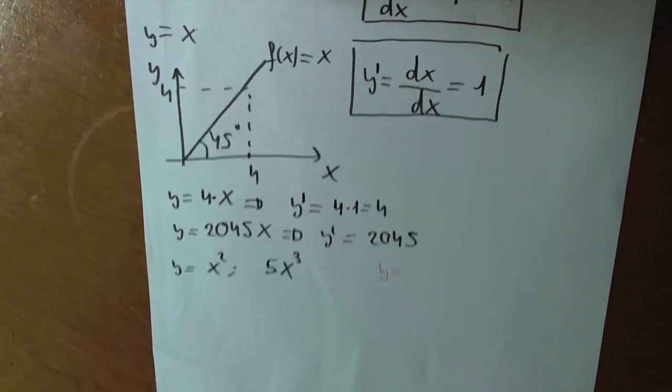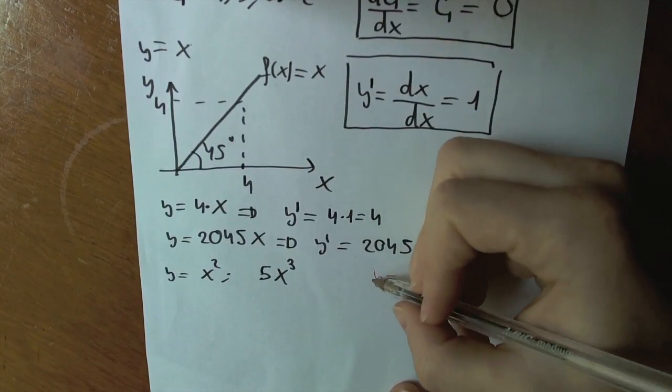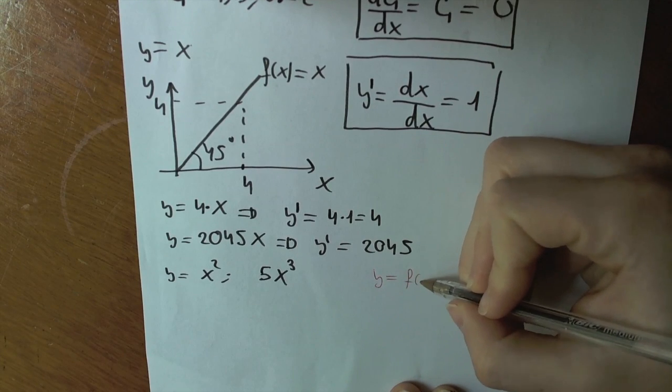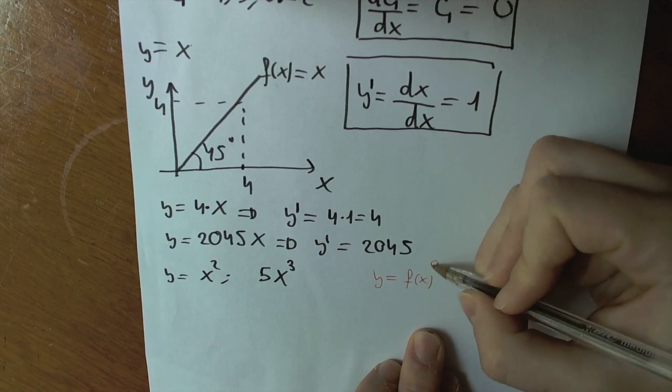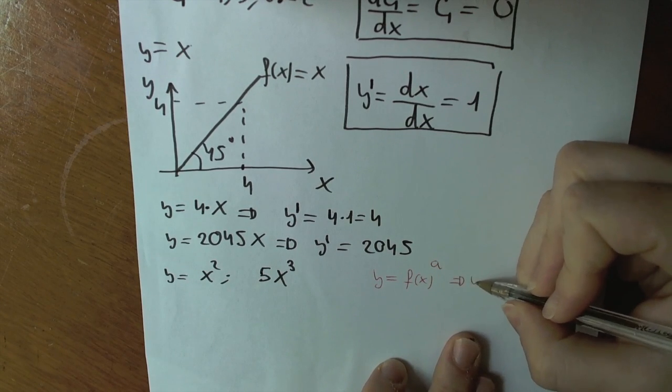So let's set this up. If we have the function y equals f(x) to the power a, how could we derive it?